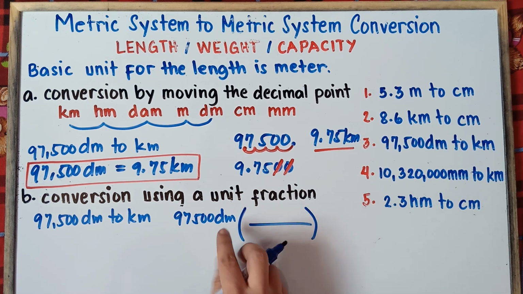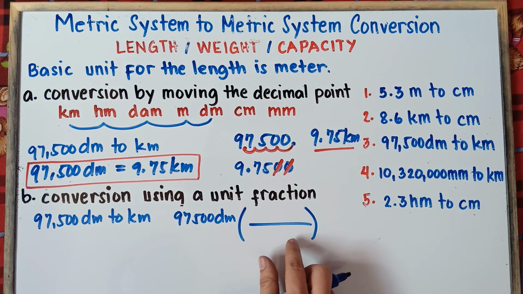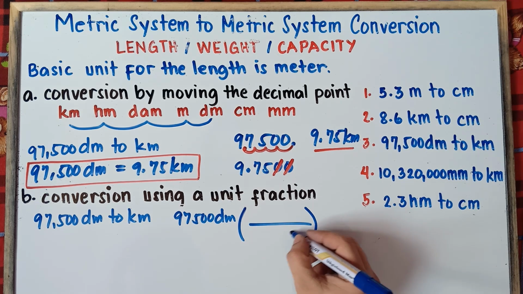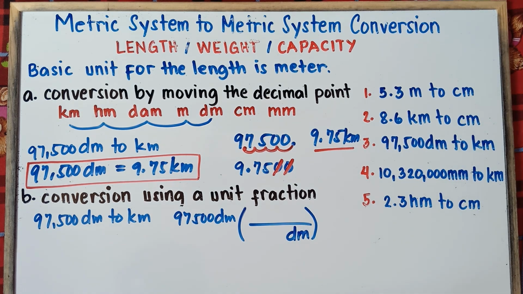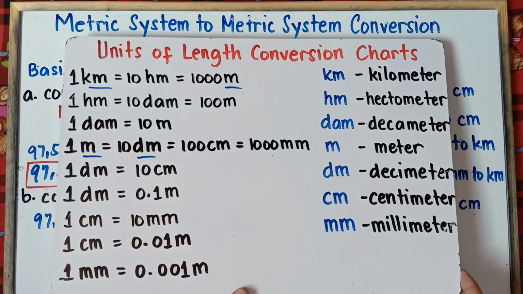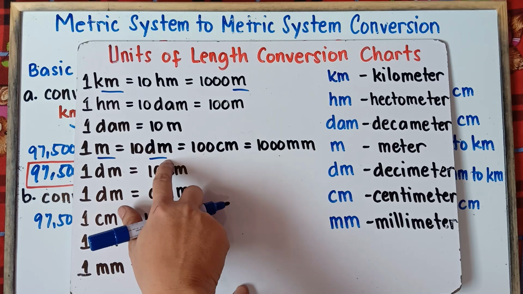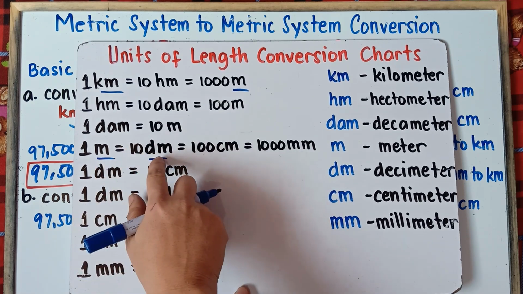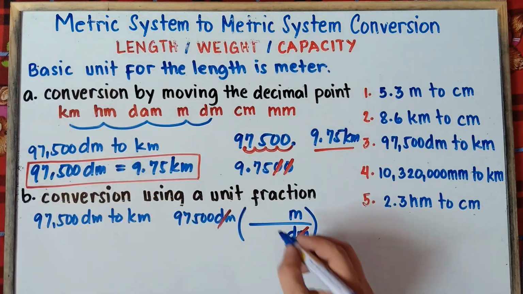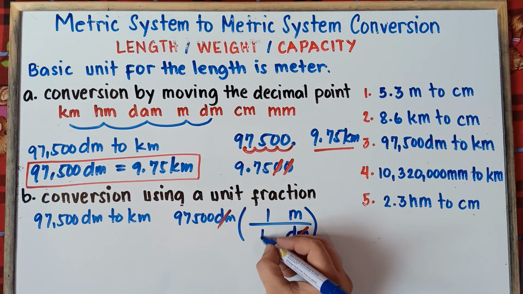If this is decimeters for our given, the units on the denominator must also be decimeters so that we can cancel out the units. Then we convert decimeters to meters: 1 meter is equivalent to 10 decimeters.